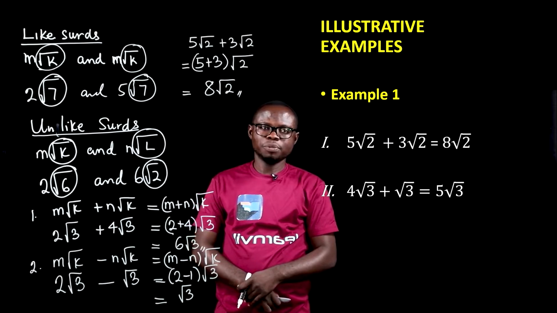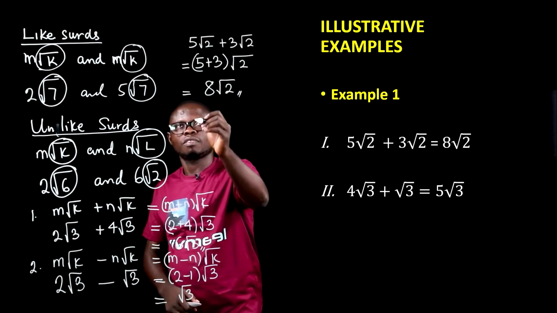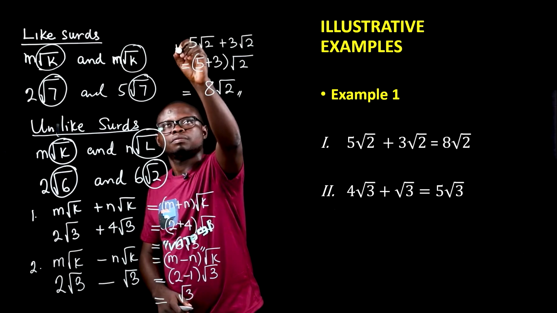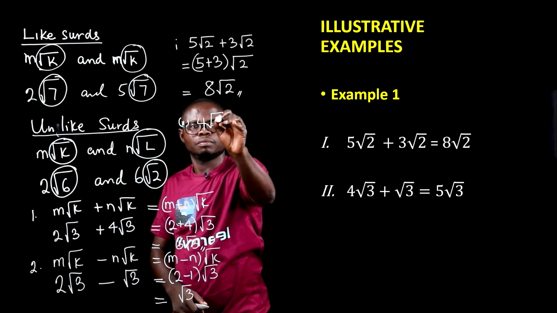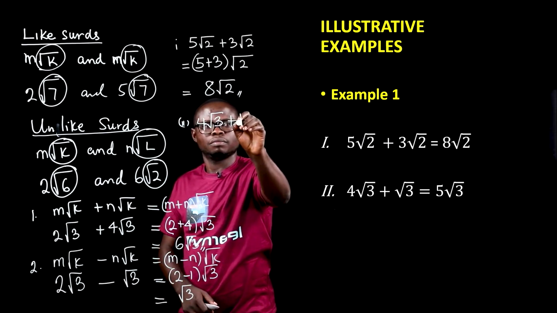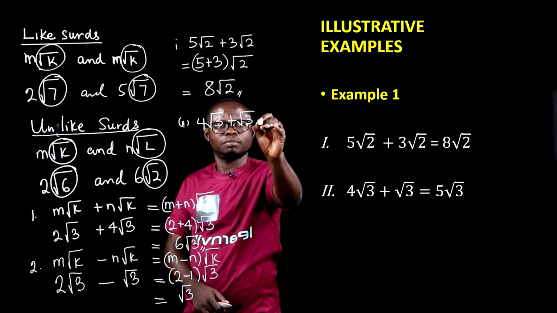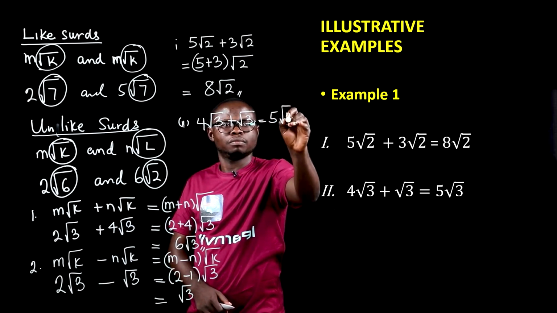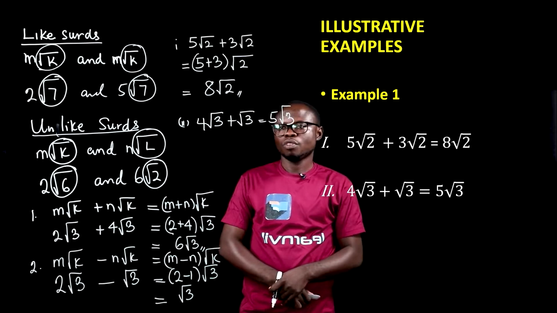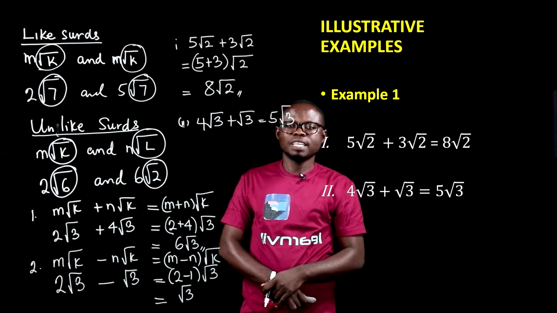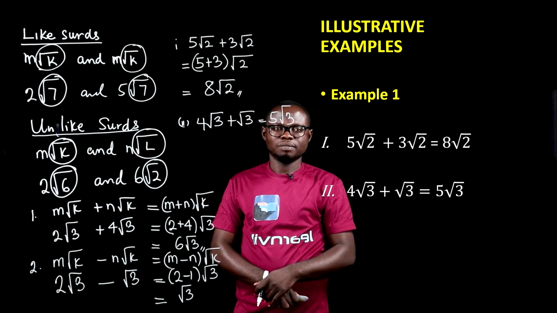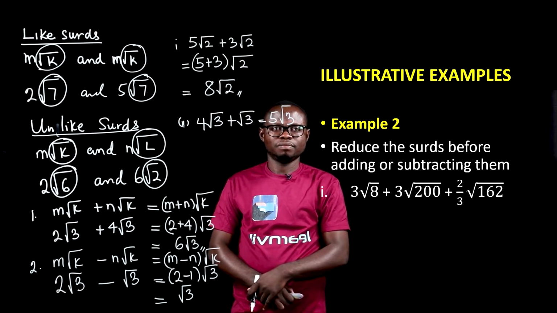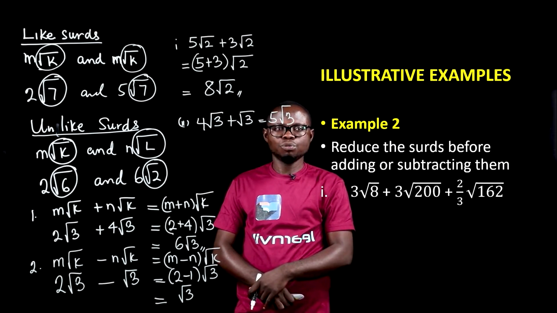Let's take our last example. So 4 root 3 plus 1 root 3 gives us 5 root 3. We can look at this example too.